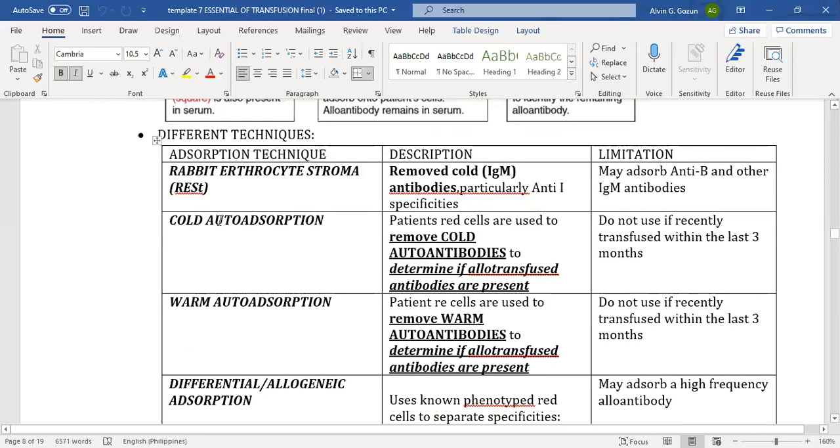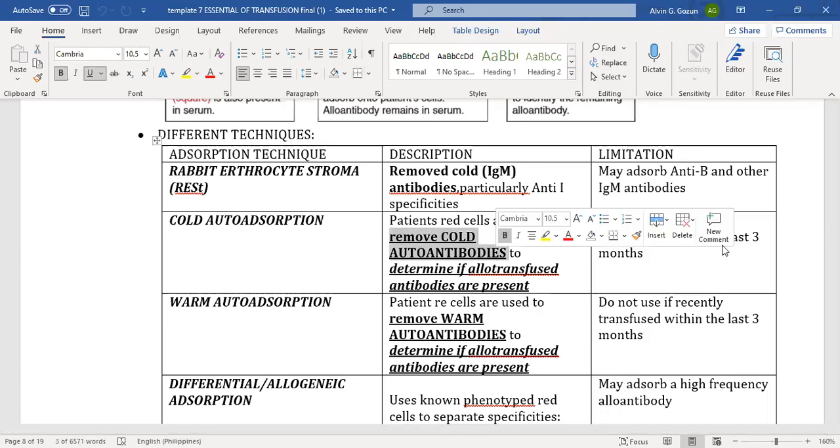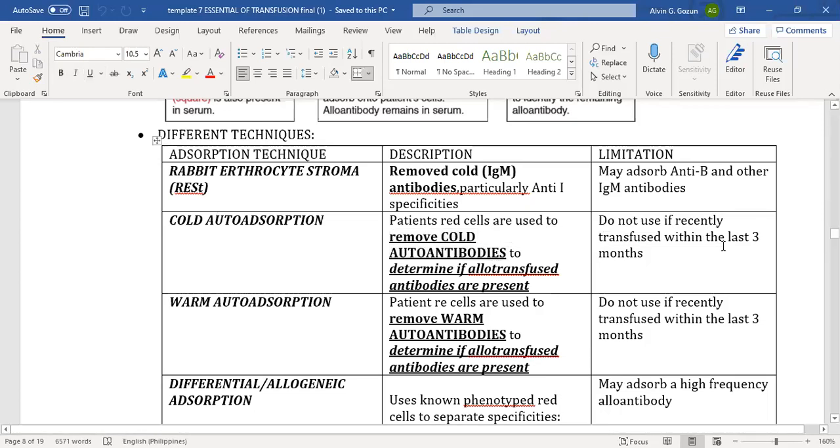Patients' red cells are used to remove cold autoantibodies to determine if alloantibodies are present. Again, you remove the cold autoantibodies. Limitation: it cannot be used if the patient was recently transfused within the last 3 months.